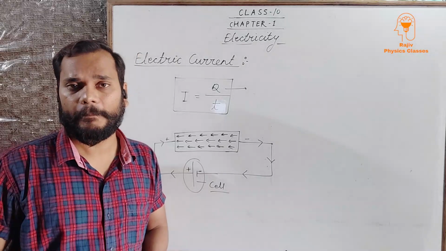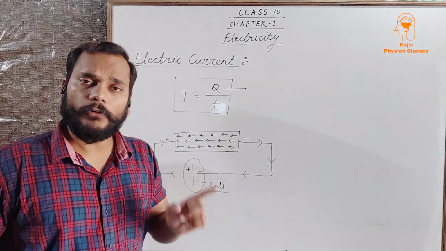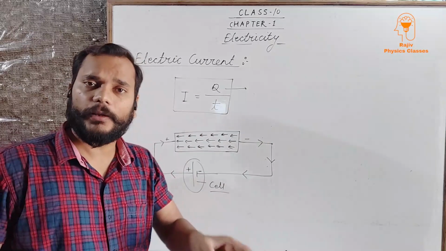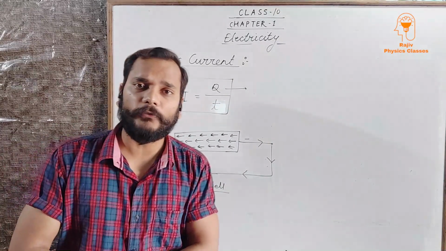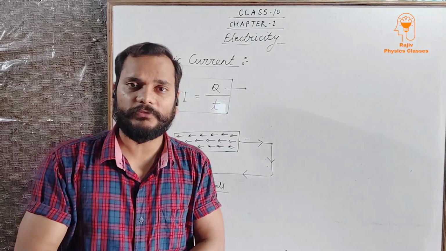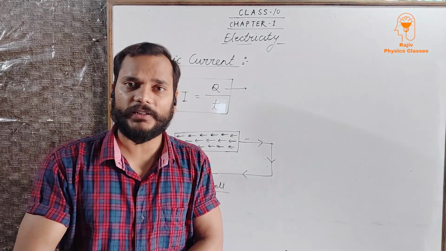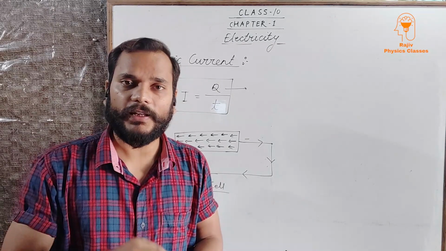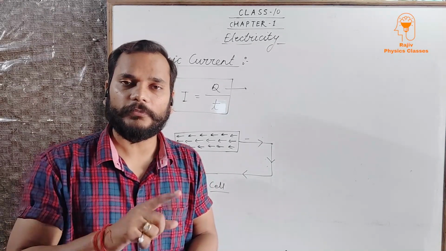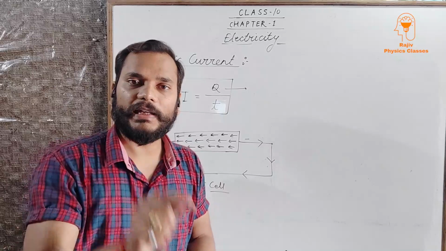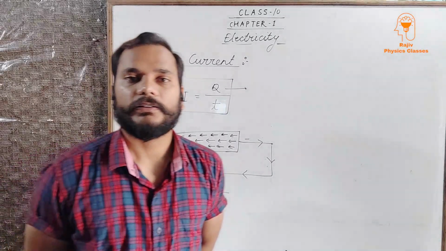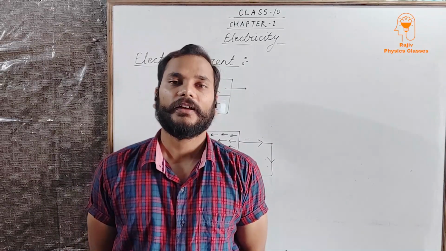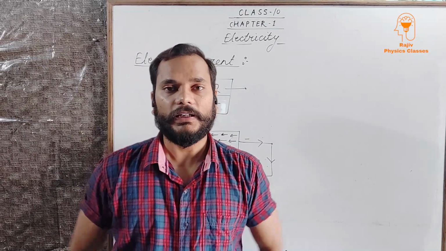Yes, they are. The direction of electric current is from the positive terminal to the negative terminal, while electrons are moving towards the positive terminal. Exactly opposite. The direction of electric current is always from the positive terminal to the negative terminal of the cell. That is opposite to the flow of electrons.